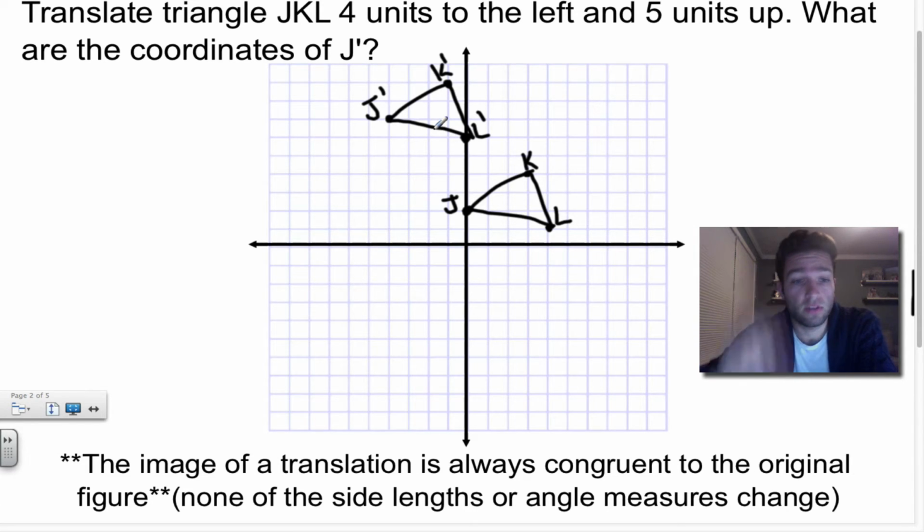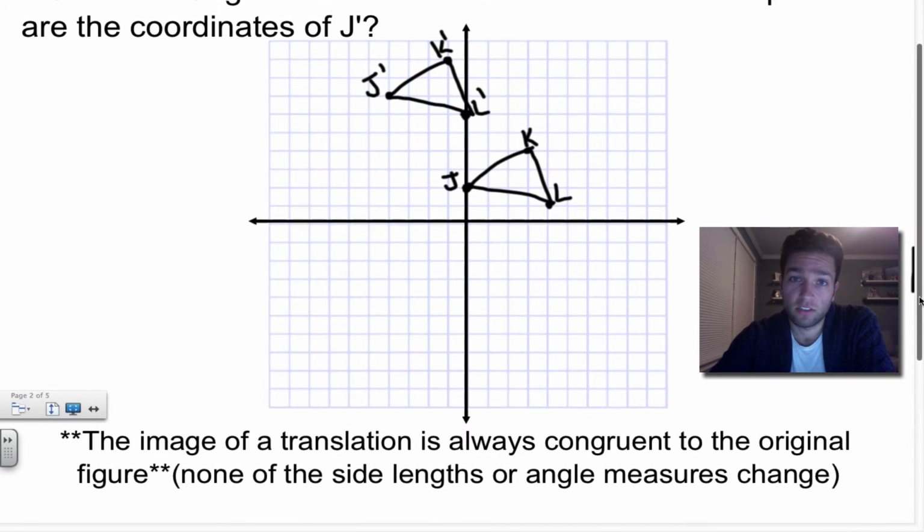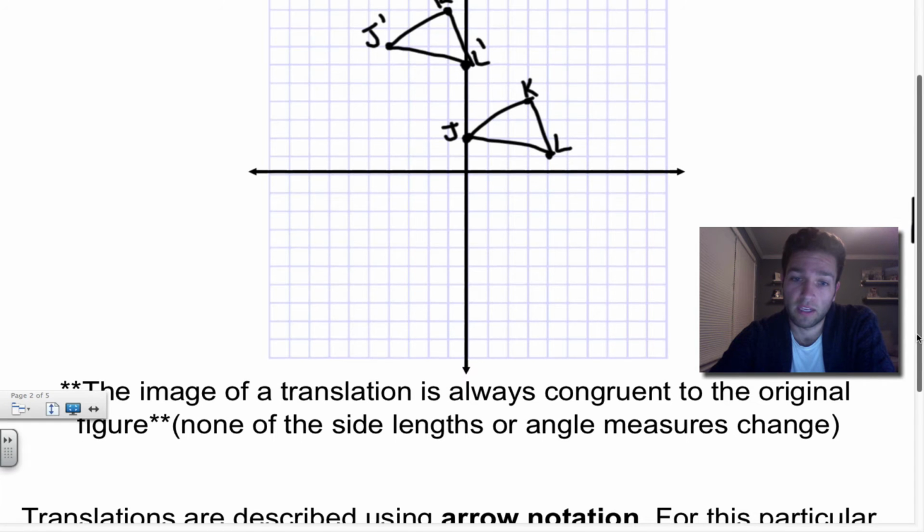So it's important to note that translations do not change the shape or the size. All they change is the position of the shape. Originally it was here, and now it's here. All right? Otherwise, nothing else changes, just where it was located.